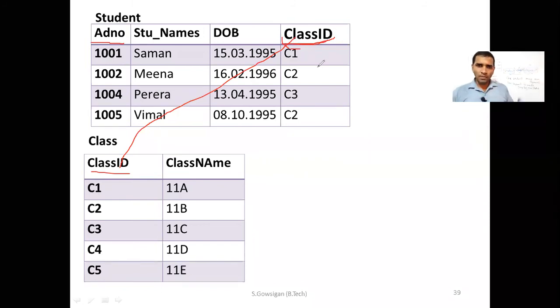So let me ask a quick question. I will explain in detail later, but I want to check whether you understood my examples. That's the reason why I'm showing. So can anyone tell me the type of relationship these two tables have? What is the relationship maintained here?